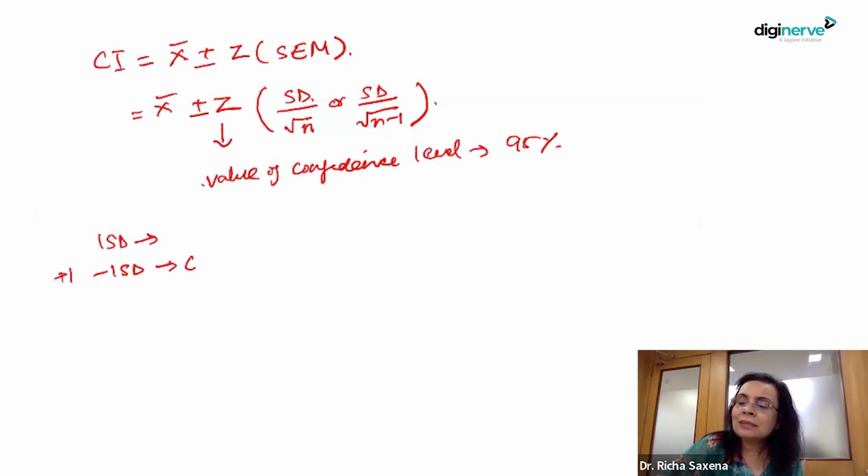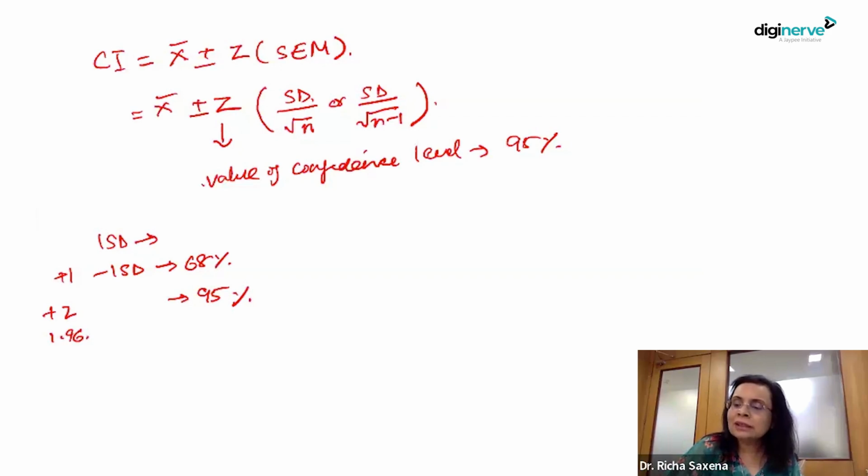You have 68% of population. And within +2 standard deviations, you will have 95% of population. This is not exactly 2 standard deviations. This is actually 1.96, which is approximately equal to 2.